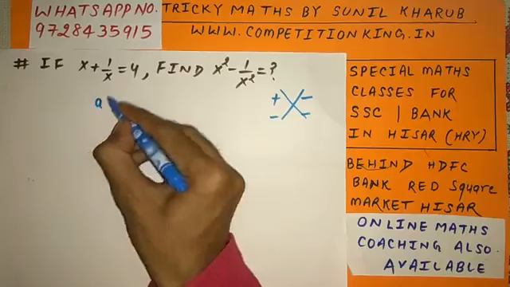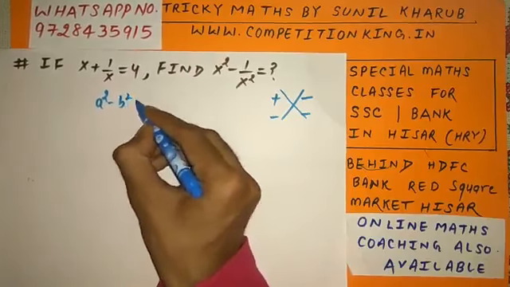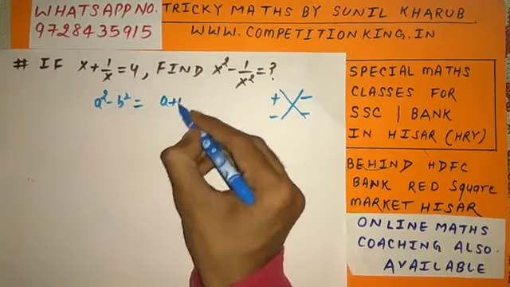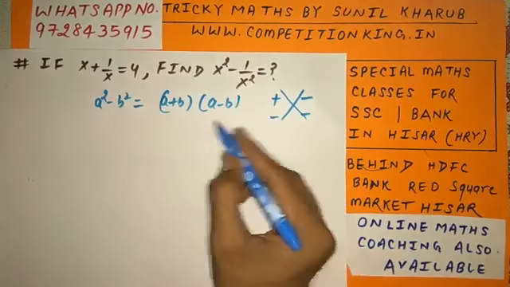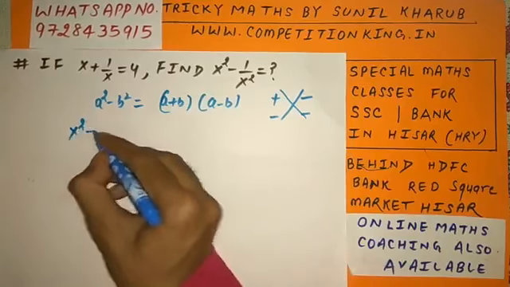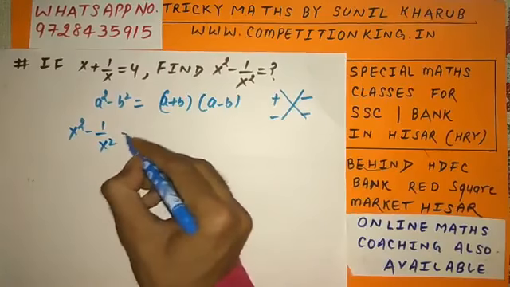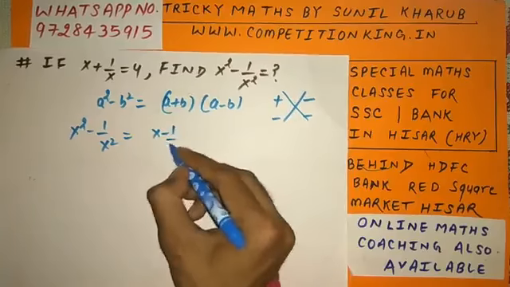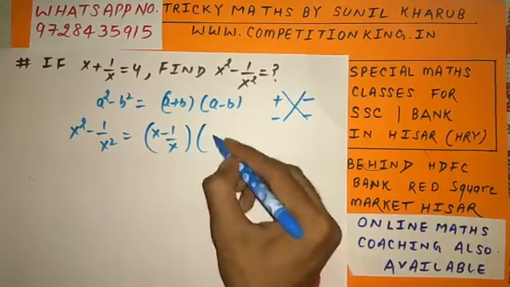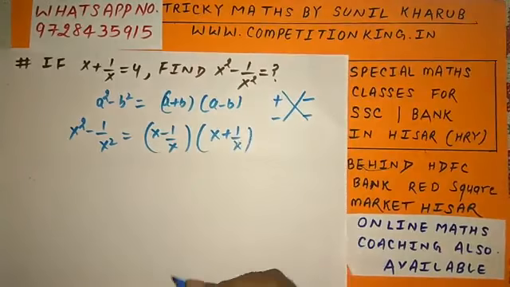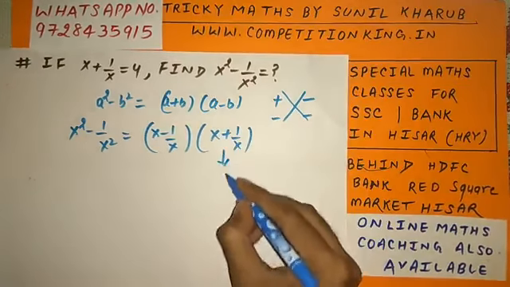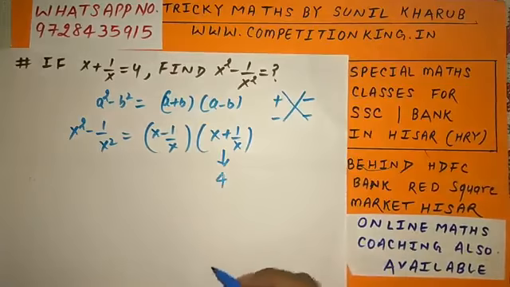You all know the formula of a square minus b square is a plus b into a minus b. So I can write x square minus 1 by x square as x minus 1 by x into x plus 1 by x, and I already know the value of x plus 1 by x is 4.